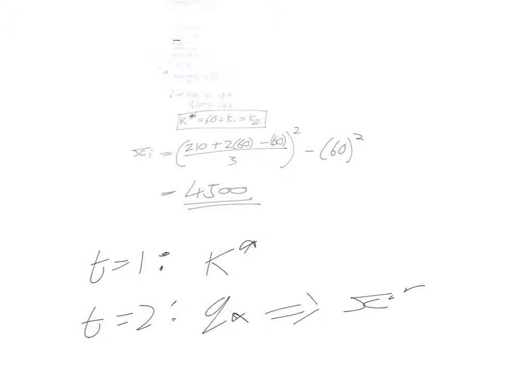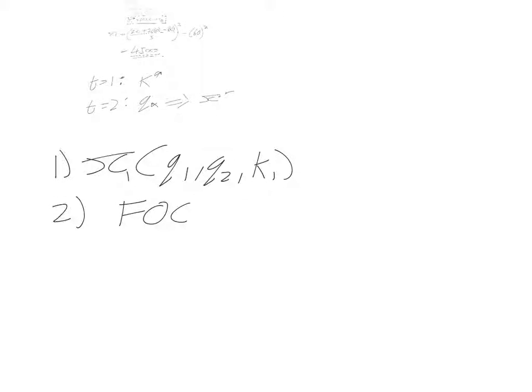The first thing you do, almost like a menu, is you get profit as a function of Q1, Q2, and K1. So this would be profit 1. Then you get the first order condition for firm 1 and 2.